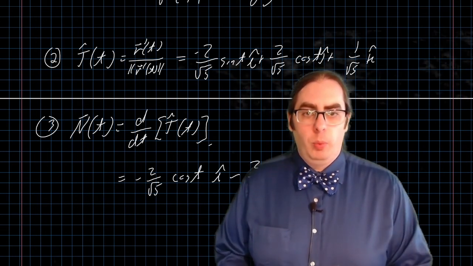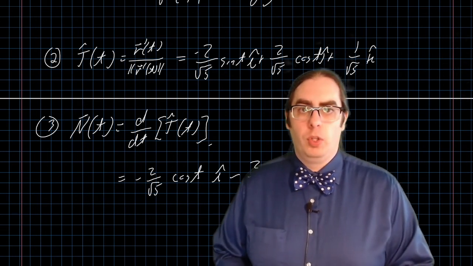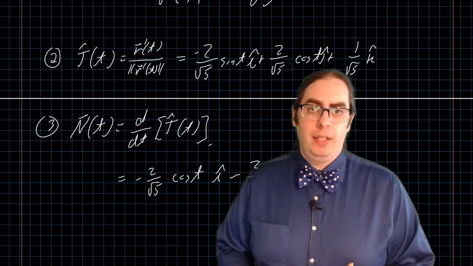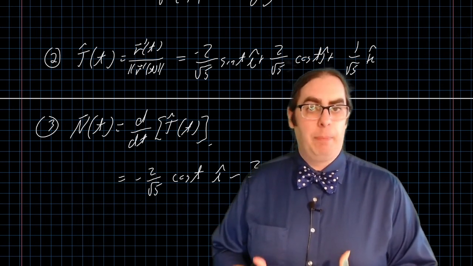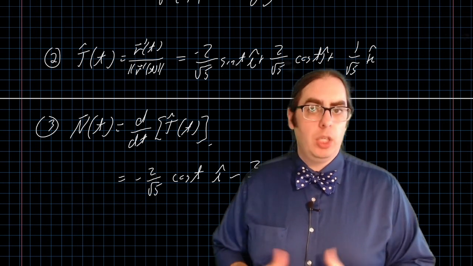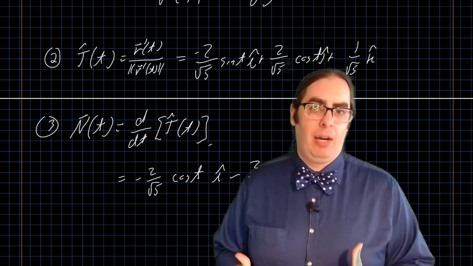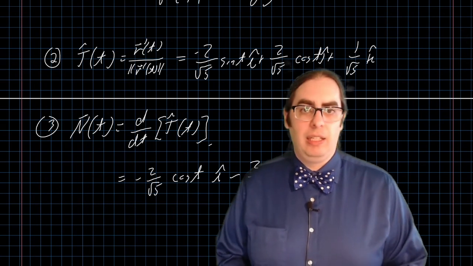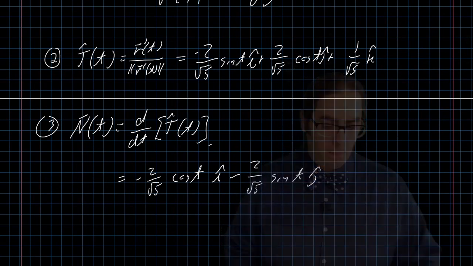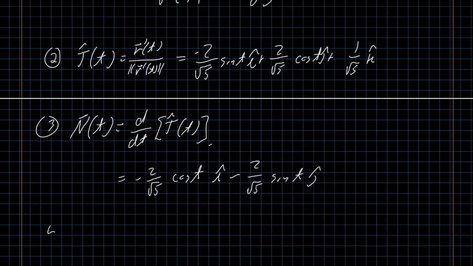At this point, we have our function for the normal vector, but again, the thing we're looking for is the normal vector at a particular point. So we can go ahead and plug in our values. In this case, it was t is pi over 4. And get that normal vector evaluated at pi over 4.